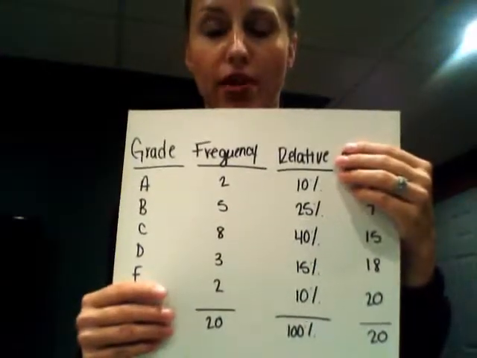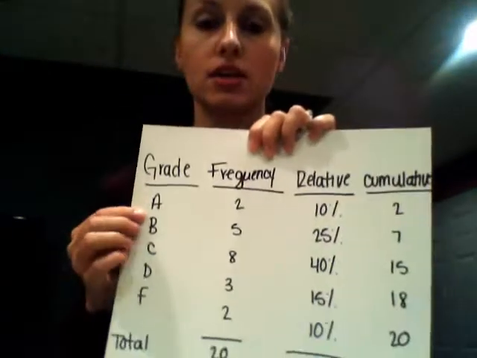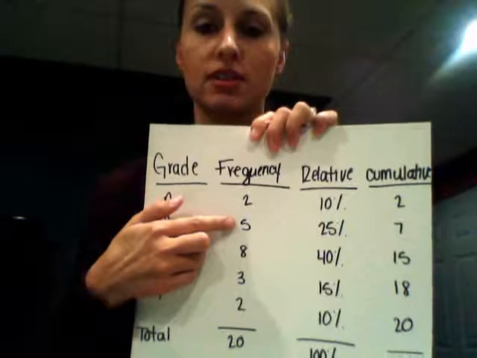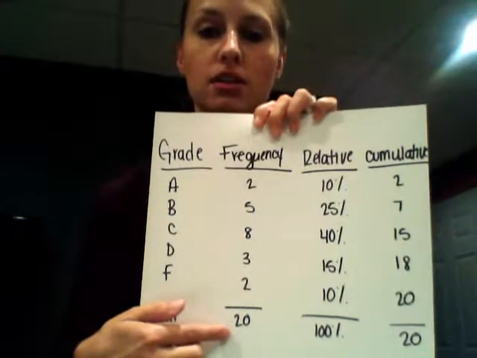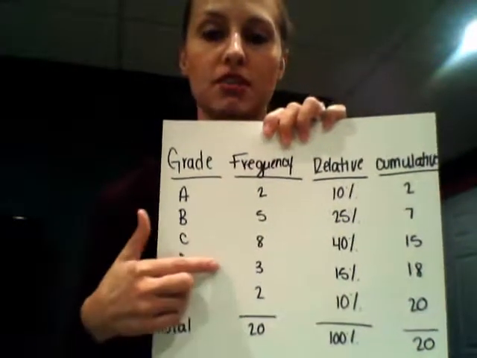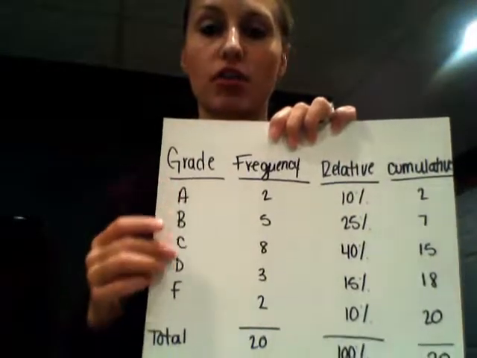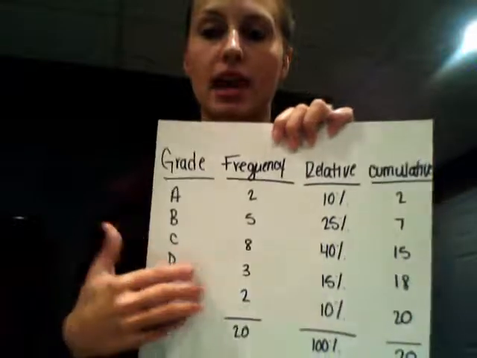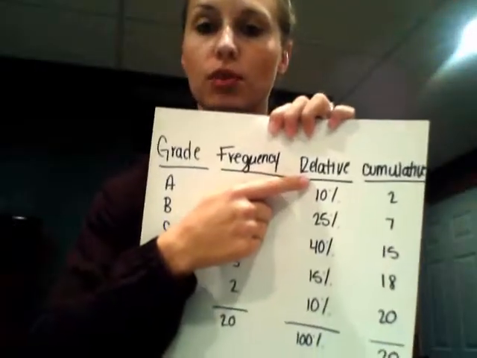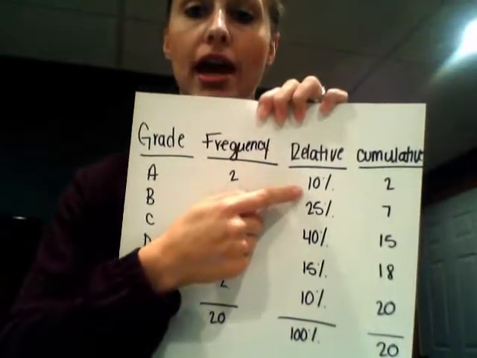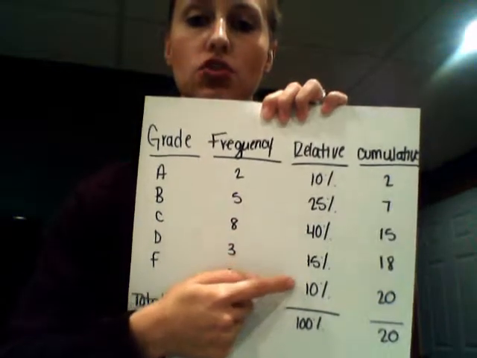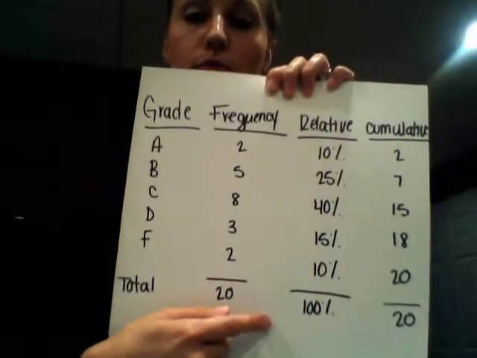We're going to do that for every grade. So for B, the frequency is 5 divided by 20 multiplied by 100% gives us 25%. We are going to do that for all these grades, and at the end of the relative frequency, add up all these percentages, and you should end up with a total of 100%.